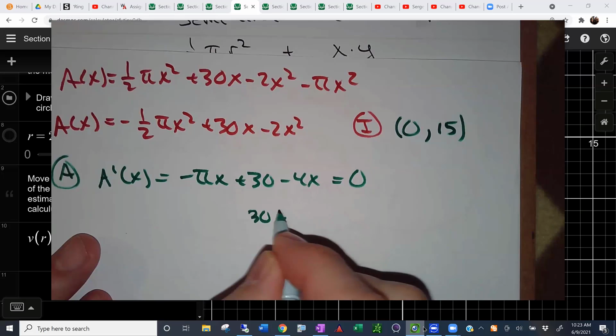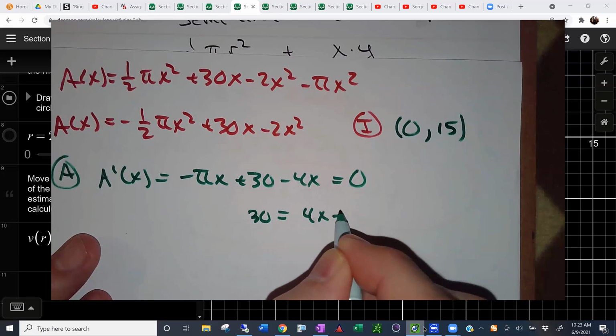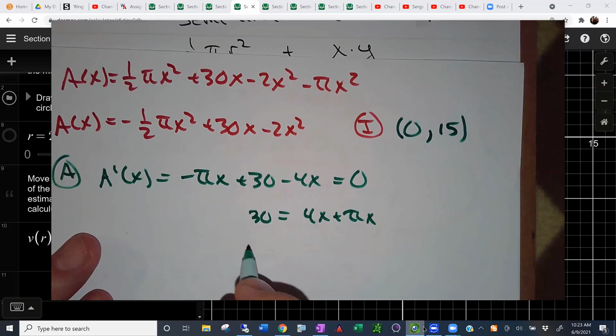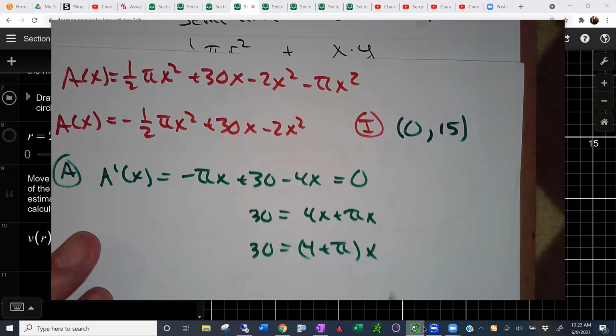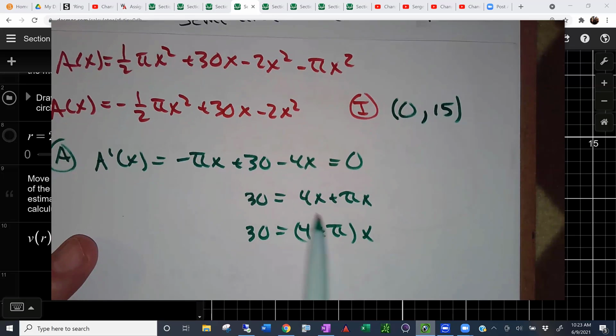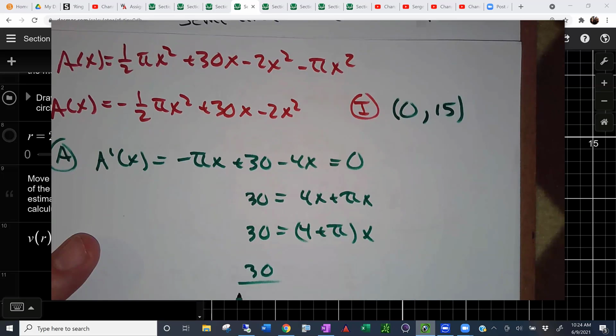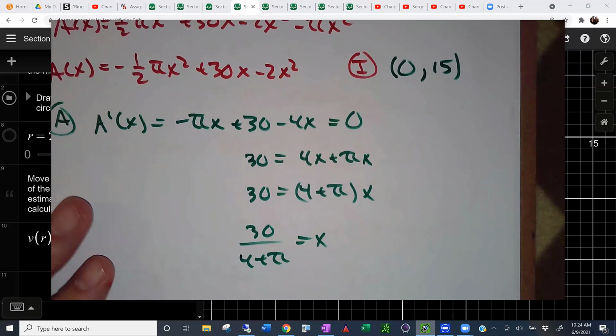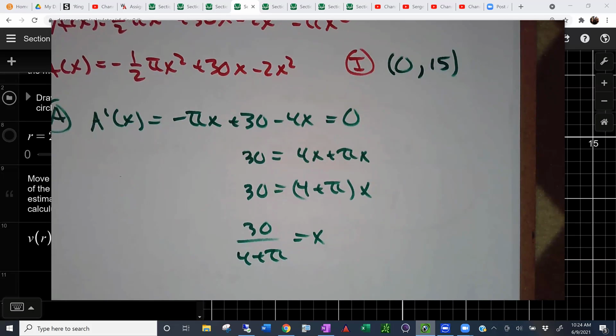And I'll get 30 equals 4x plus pi x. If you factor out the x from both terms there, you can divide both sides by 4 plus pi to get the value of x that maximizes the area, or the light coming through that window. Of course, once you get that value of x, you can then plug in and find the value for y.